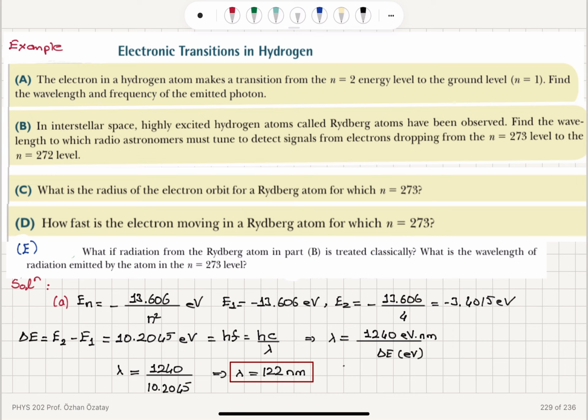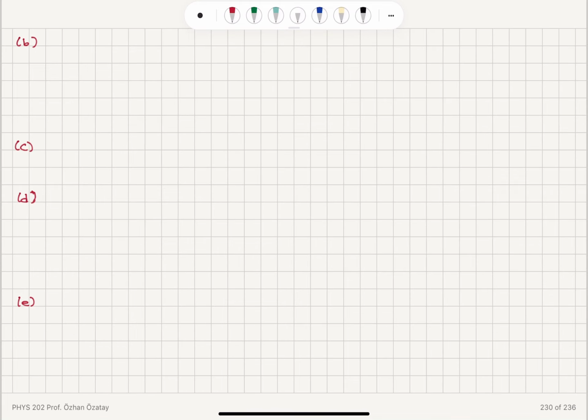Part B. In interstellar space, highly excited hydrogen atoms called Rydberg atoms have been observed. Find the wavelength to which radio astronomers must tune to detect signals from electrons dropping from the n equals 273 level to the n equals 272 level. So what is the energy of the 273 level?